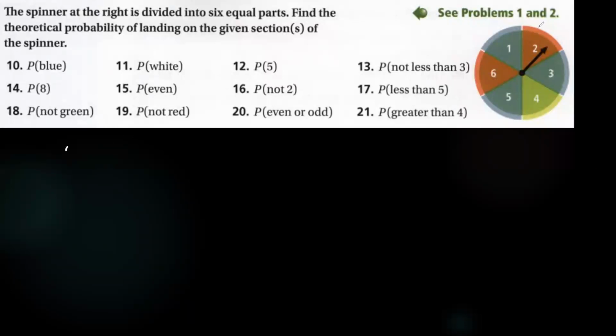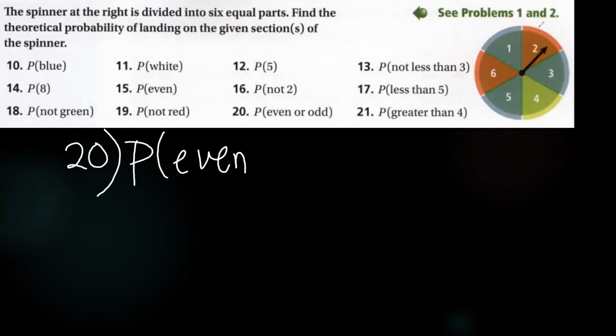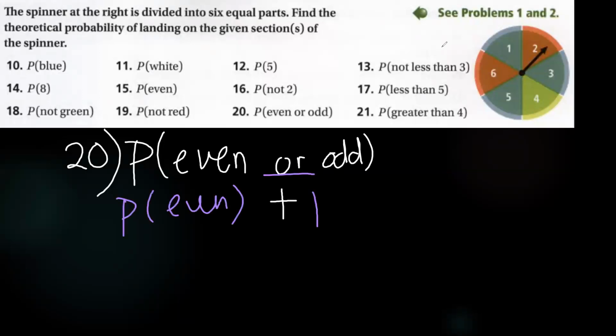Number 20 now. Probability of even or odd. The total 6/6. Bravo. When you see the word or, it means plus. So it will be the probability of even plus the probability of odd.